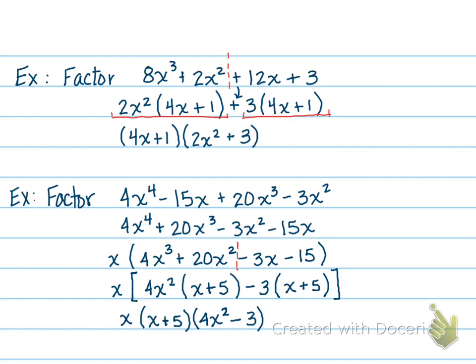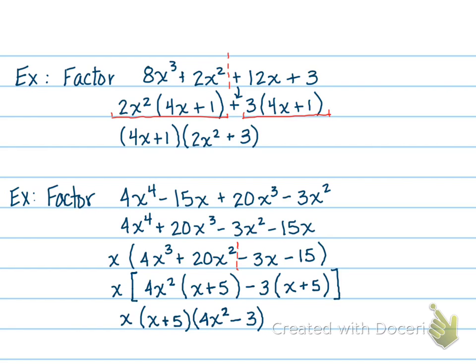I don't need the brackets anymore because the only operation now is multiplication, outside the parentheses. So this is done, it's in factored form because it's all multiplication. Whereas in the brackets, I still had subtraction between my groups, and that's why I needed that to be grouped. You could use parentheses also, but I find that there's already a lot of parentheses going on.